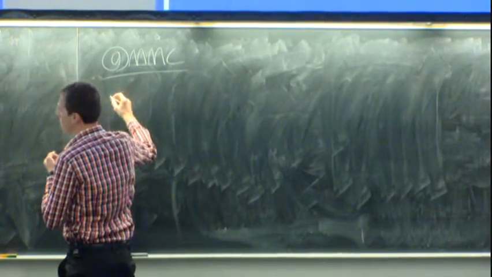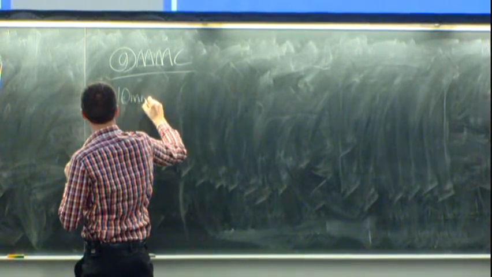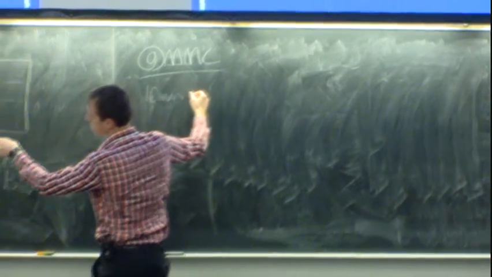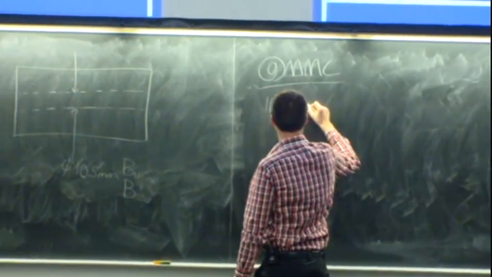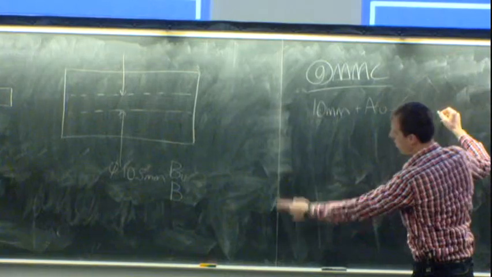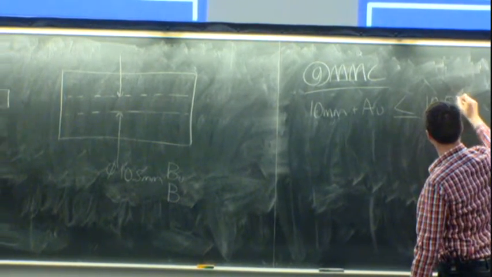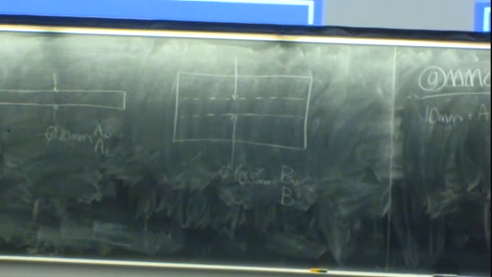So you'll say at maximum material condition, so MMC, we need 10 millimeters plus our upper tolerance to be less than or equal to our 10.5 millimeters minus the lower tolerance.